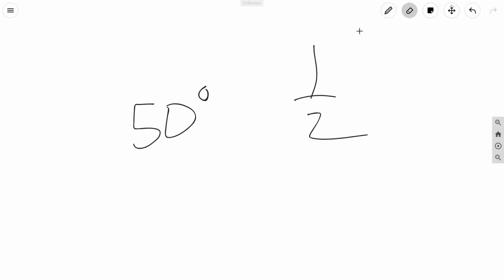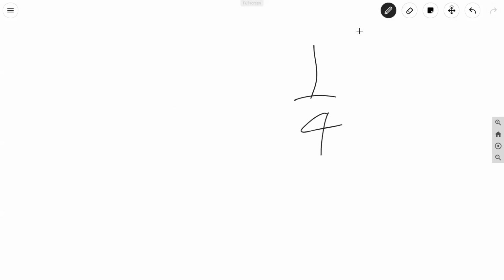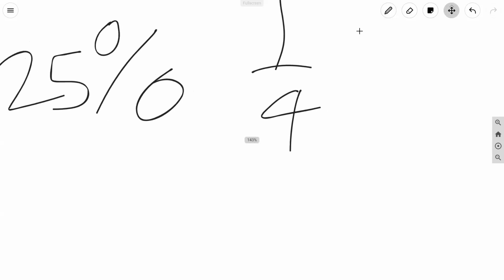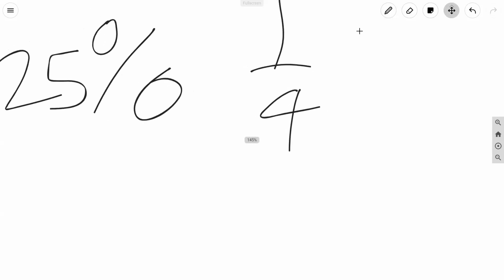Now, don't worry, you will learn about percents later on. Let's say that there's 1 by 4. Then it is 25%. So you can also use percents.